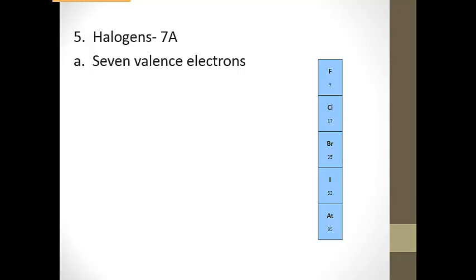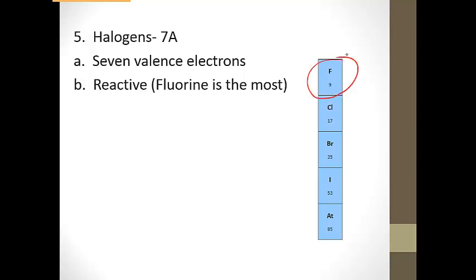That's a common family trait. The most reactive here is fluorine. This is a very reactive family, the most being at the top, fluorine. So on the periodic table, your most reactive metal is francium, in family 1A at the bottom. And your most reactive non-metal is fluorine at the top of the halogens group.